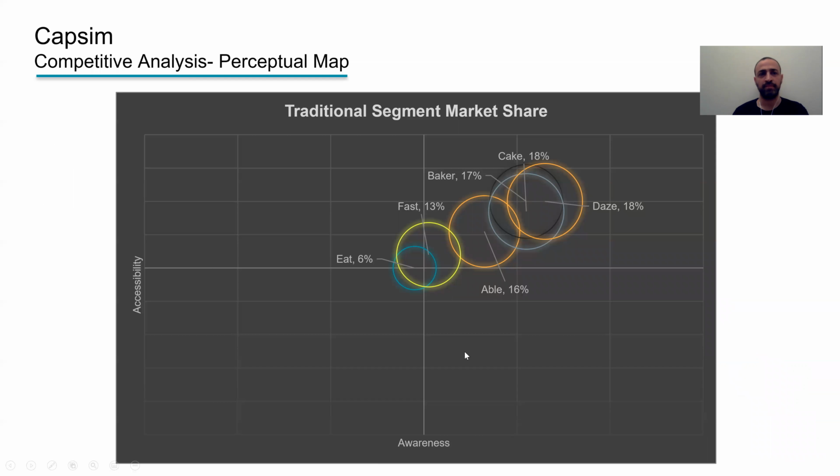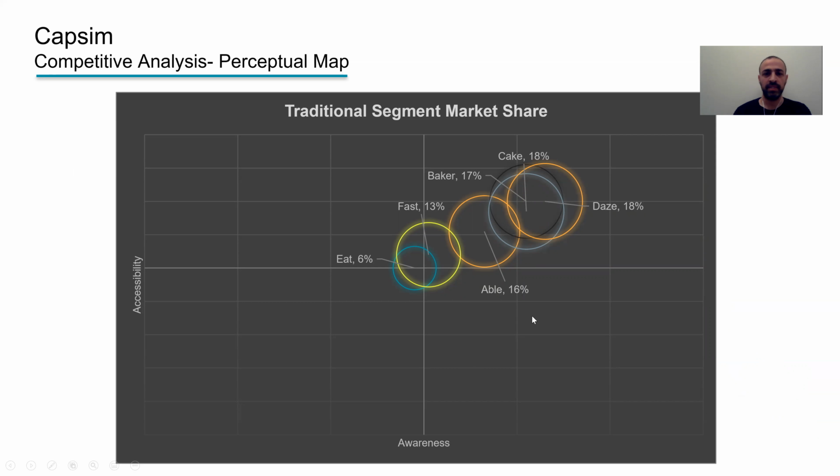So, the perceptual maps. The traditional segment is the most dense market segment, and as you can see, C and D have 18% market share, and we have 17.